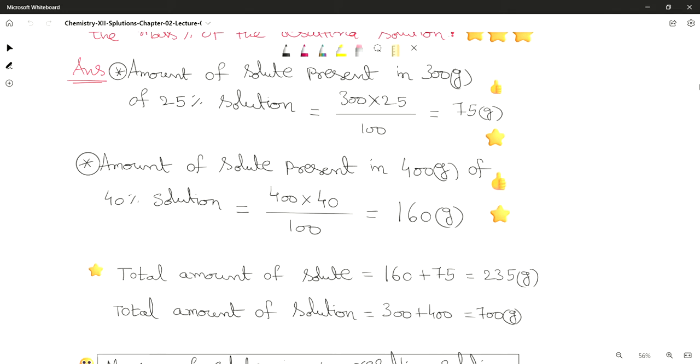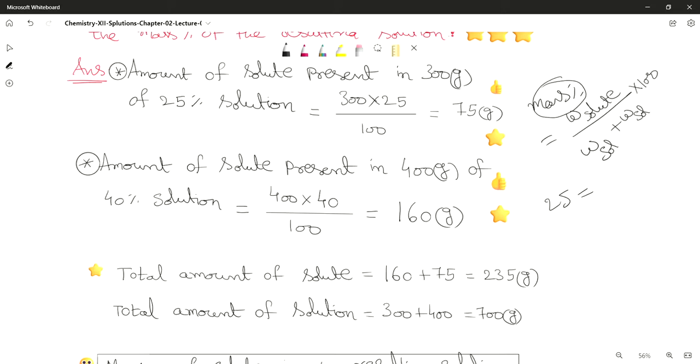So the idea is like this. You have mass percent, I'm just writing, equal to weight of the solute divided by weight of solute plus weight of solvent, multiplied by 100. Right? This is the idea. This mass percentage is already given to you, which is 25.